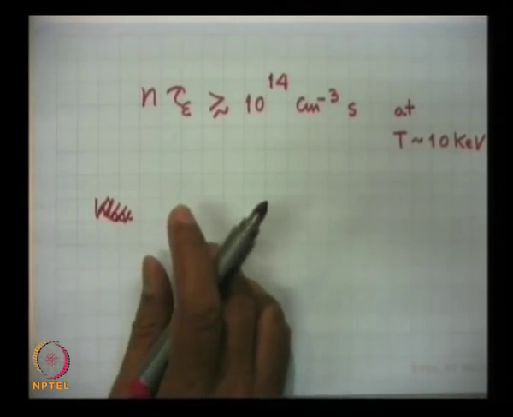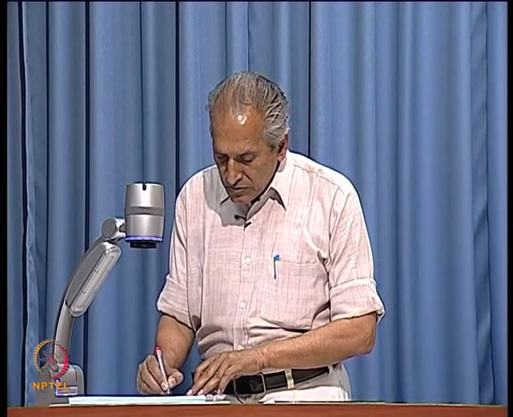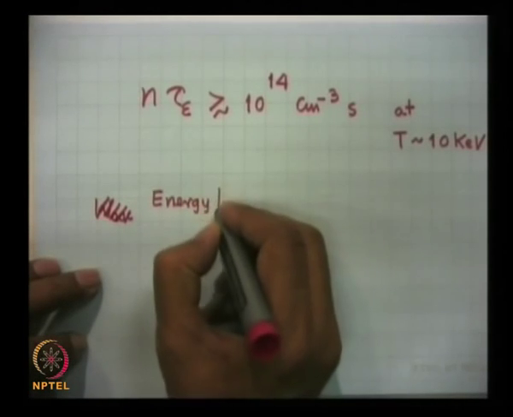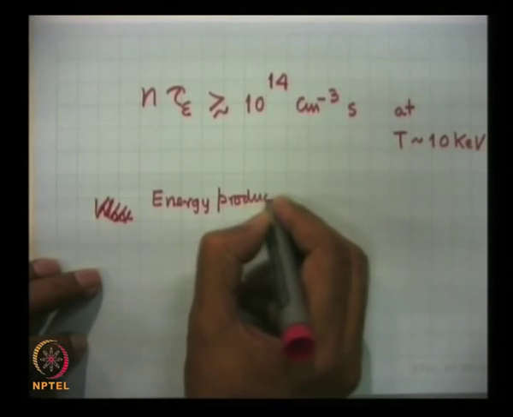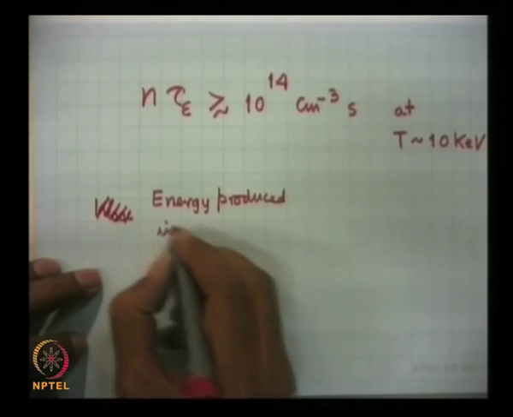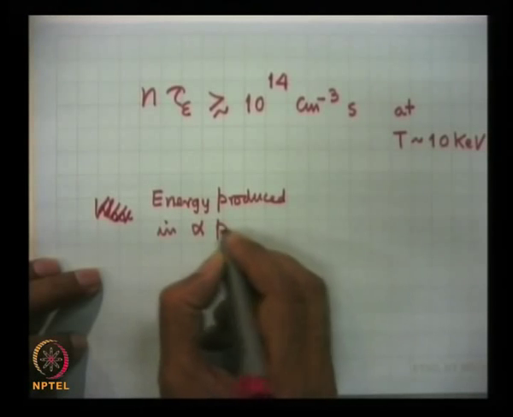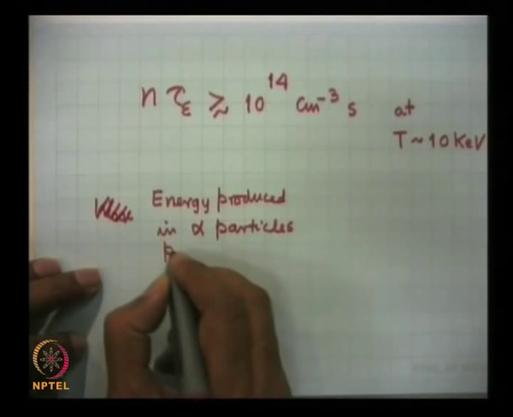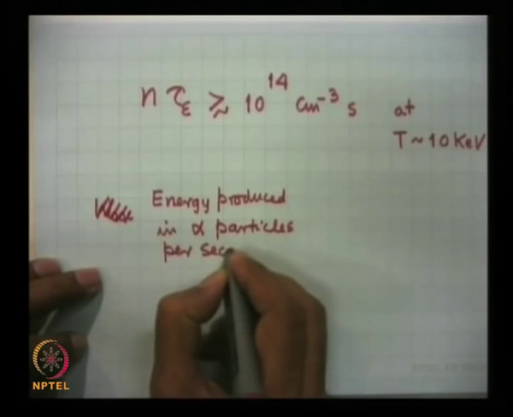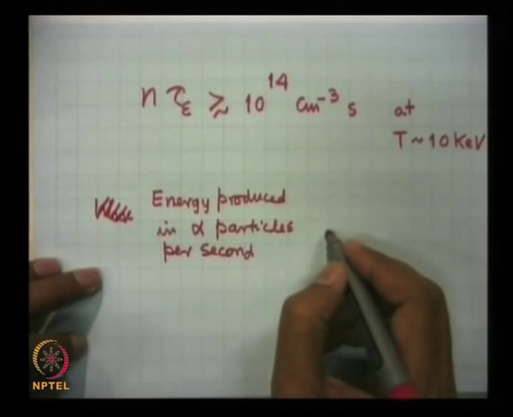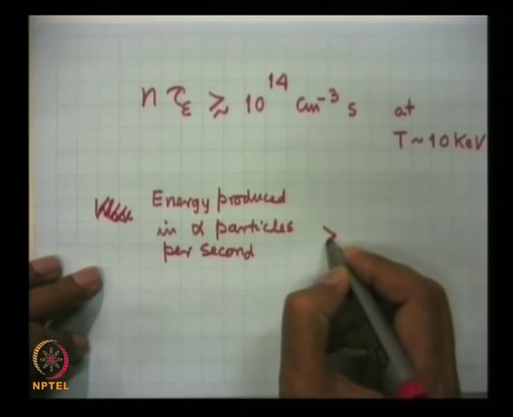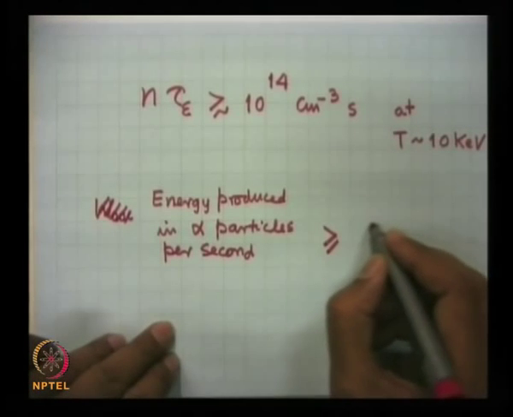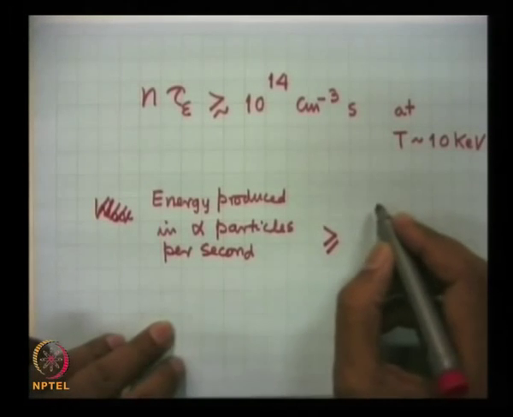What I want is that the energy produced in alpha particles per second must be equal to or bigger than the energy lost via radiation or other processes.